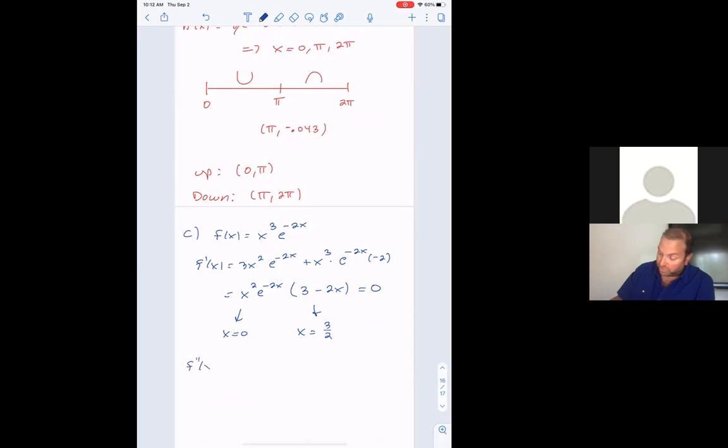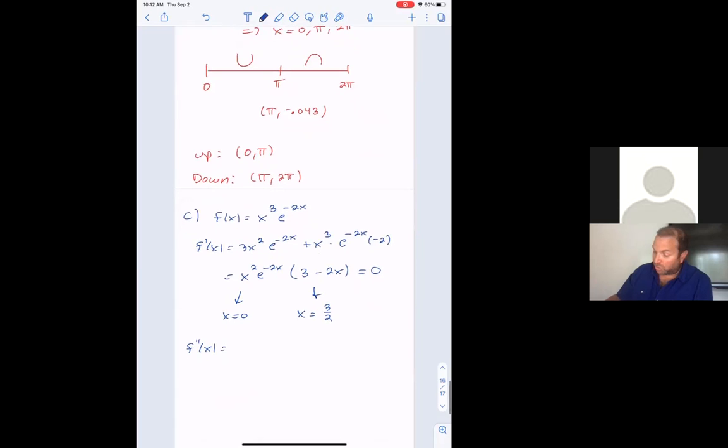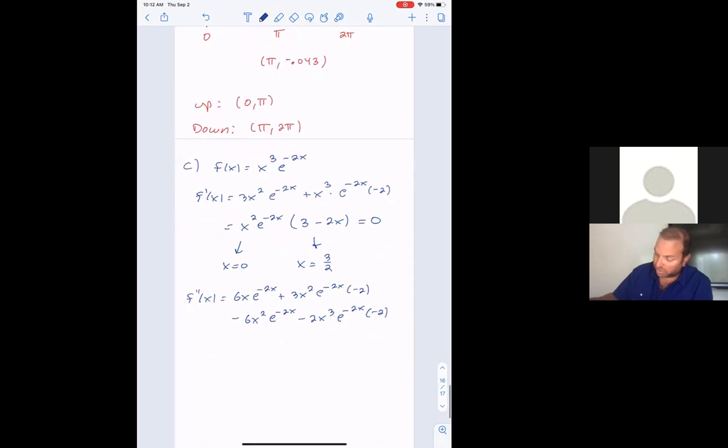I want the second derivative now. So go back to this stage here. It's a little easier to do it from there. I get the derivative of the first, 6x e to the negative 2x, plus 3x squared e to the negative 2x times negative 2, minus 6x squared e to the negative 2x minus 2x cubed e to the negative 2x times negative 2.